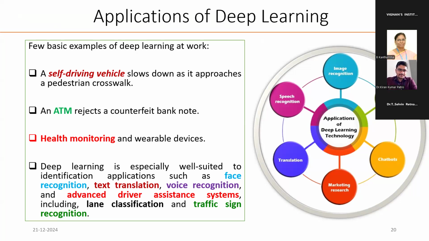And in health monitoring, wearable devices, we can use deep learning. Deep learning has many applications. You can use it in image recognition, chatbots, marketing research, translation, data science, whatever it is. You can apply it anywhere.